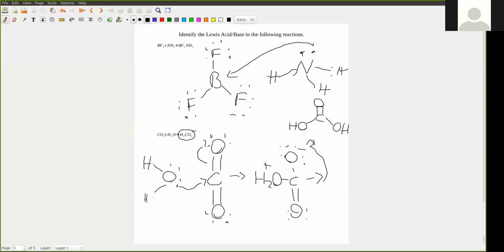For example, if you tried to make it so that carbon was donating electrons to this oxygen on water, then you'd have to break off a hydrogen, and that wouldn't make much sense in terms of now you have a free floating hydrogen, and there's no way to definitively say where it will go. So in order to make this final product, you have to have the oxygen attack the carbon. So the water has to be your Lewis base, and carbon dioxide has to be your Lewis acid.